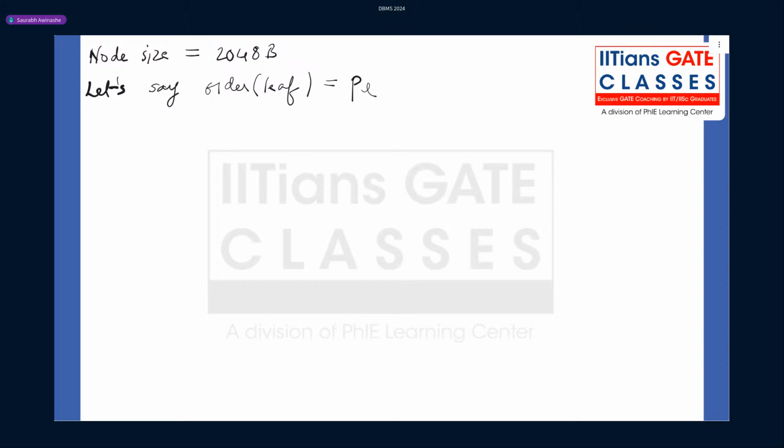So we have PL key and record pointer pairs. How much space will that take? The key takes 4 bytes, and another 4 bytes for the record pointer, and this is PL.